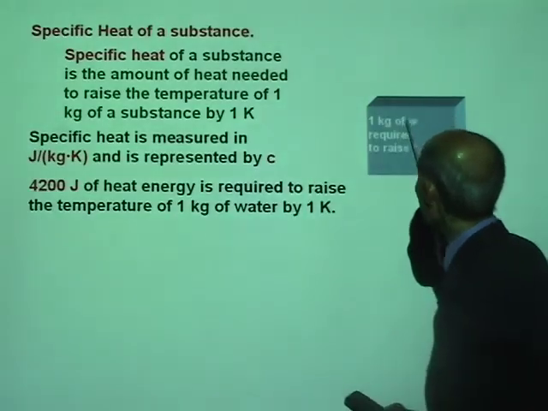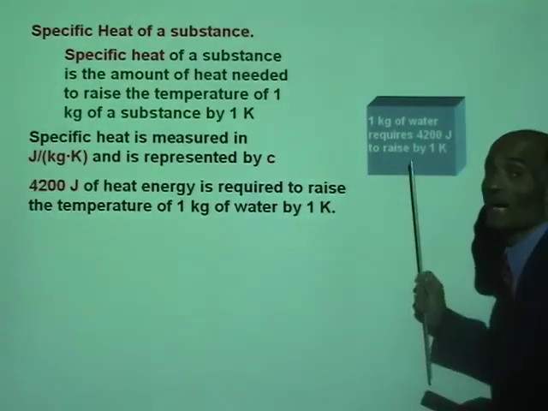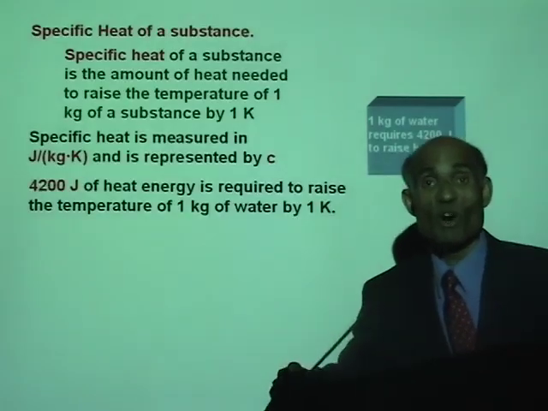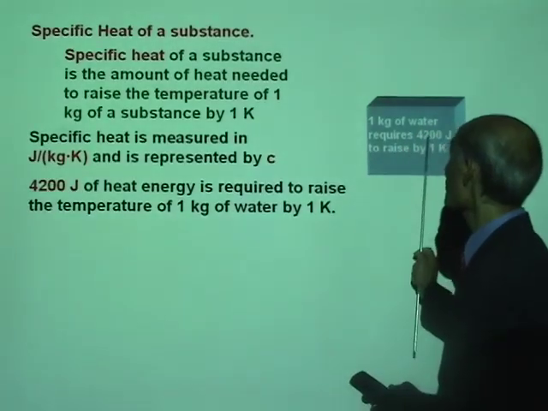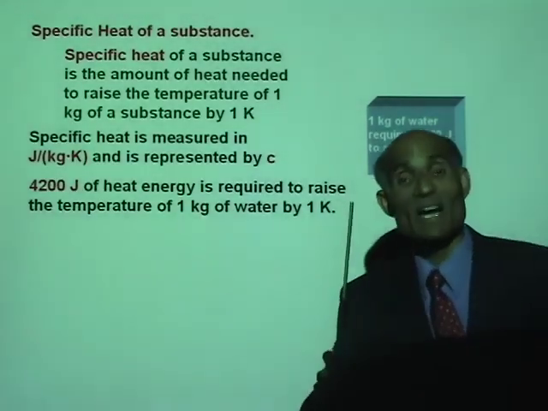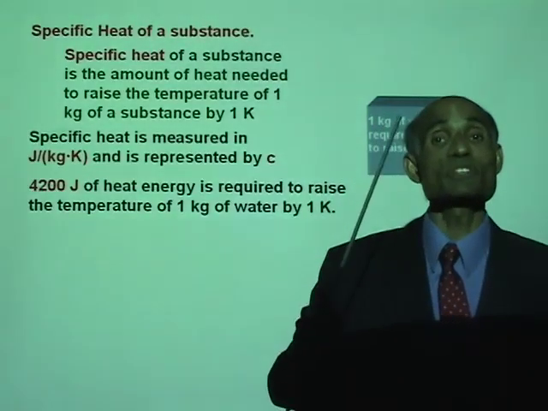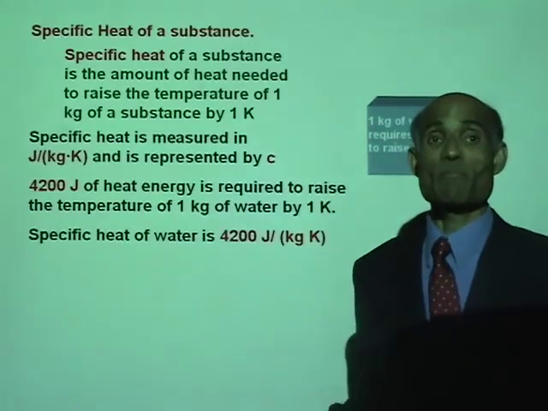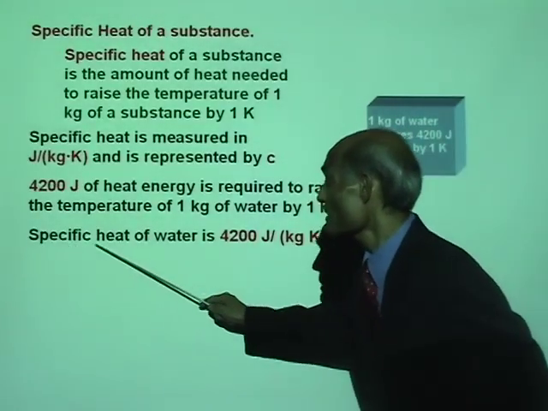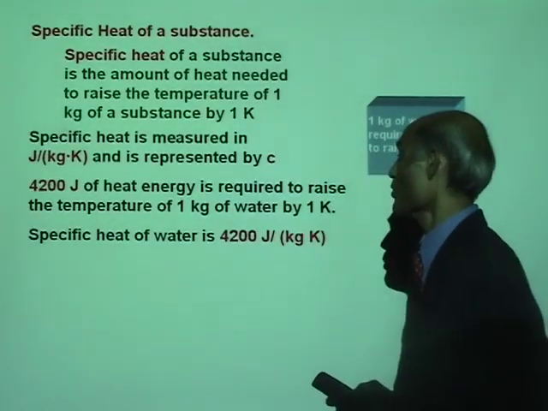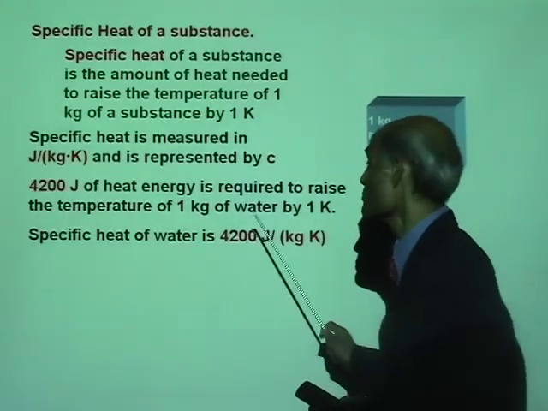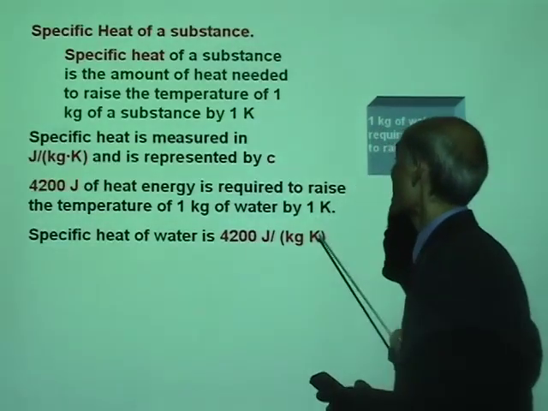So if I have 1 kilogram of water here, I need to give 4,200 joules of energy to it so that its temperature will increase by 1 degree Celsius or 1 Kelvin. And therefore, specific heat of water is 4,200 joules per kilogram per Kelvin.